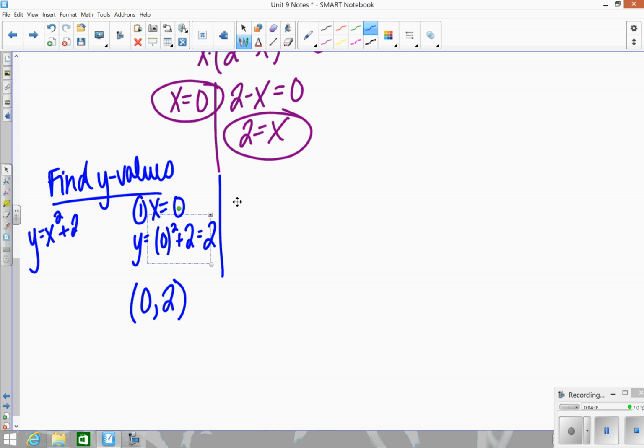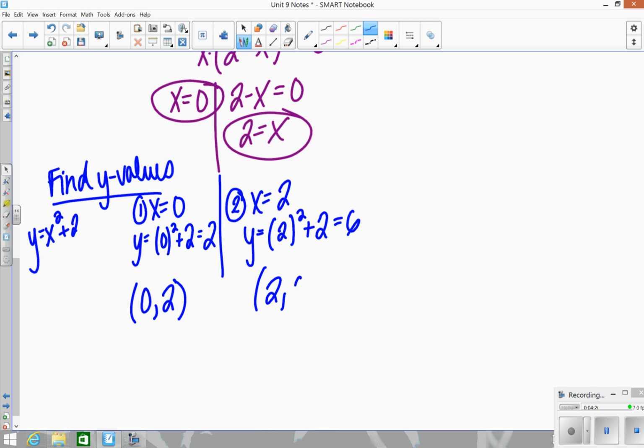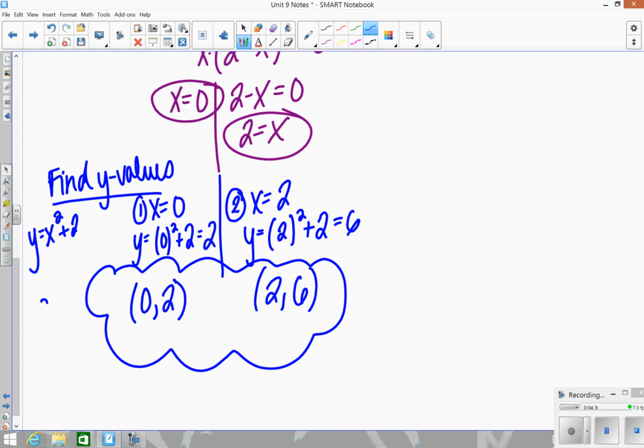And then the other one is when we plug in 2 for x. Again, plugging that into my first equation, it doesn't matter which one, I just chose the first one, you get out 6. So the other solution is (2, 6). So here are your two solutions.